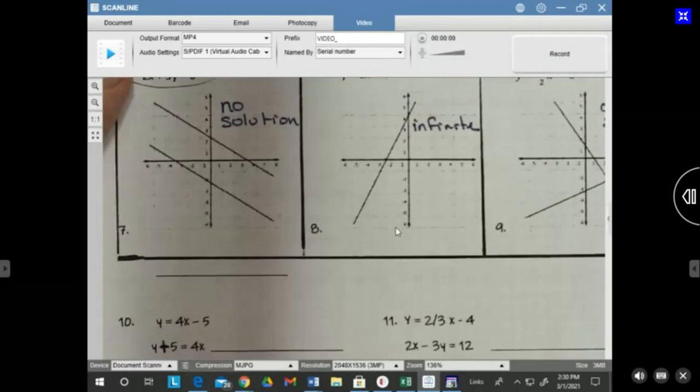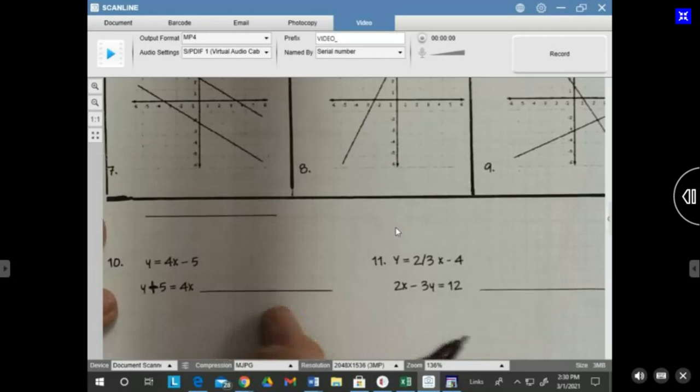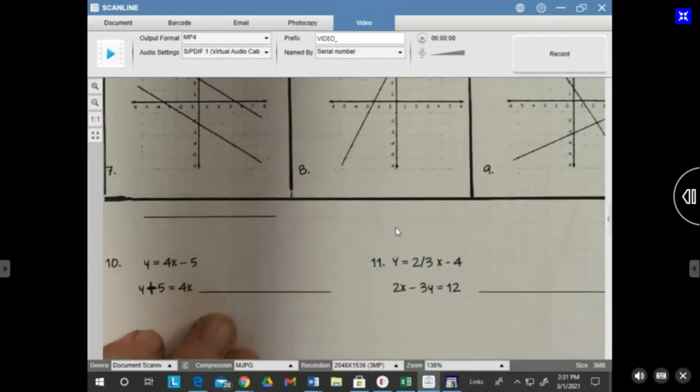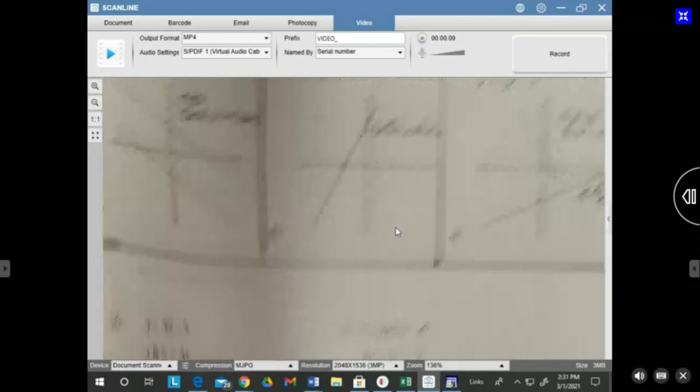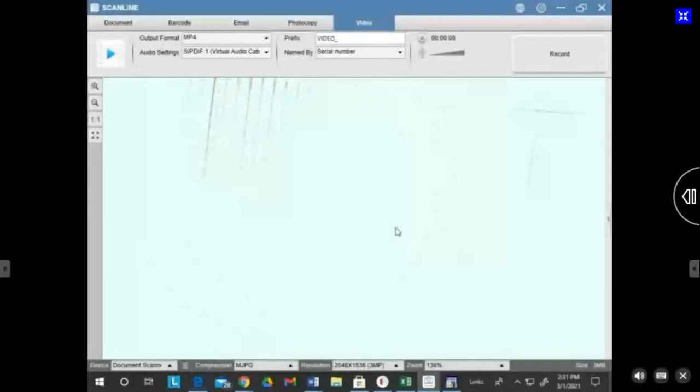All right, you have 2 more of those. You're going to have to get your y's alone and look at your notes. M equals M, B equals B. You can tell by the equation. So flip over. You've got 3 on the back.